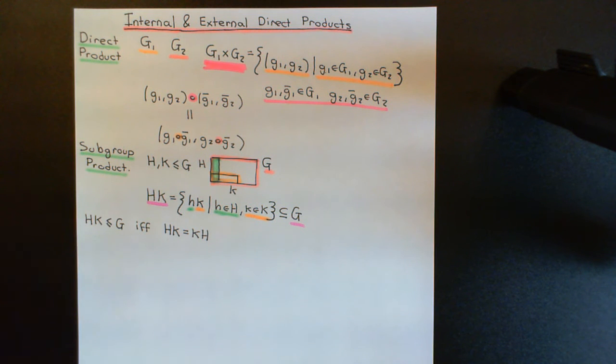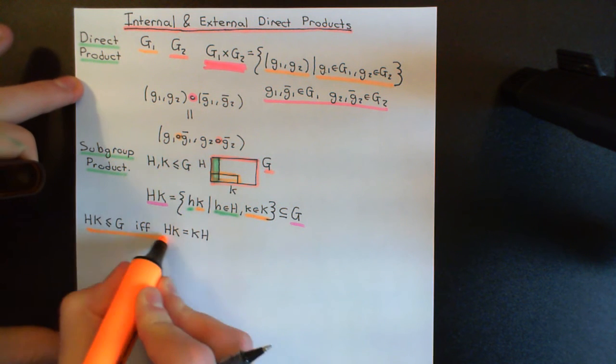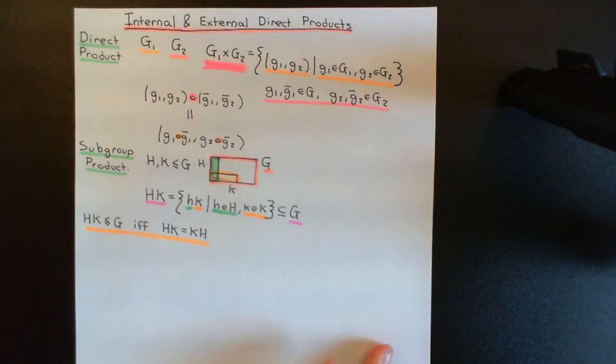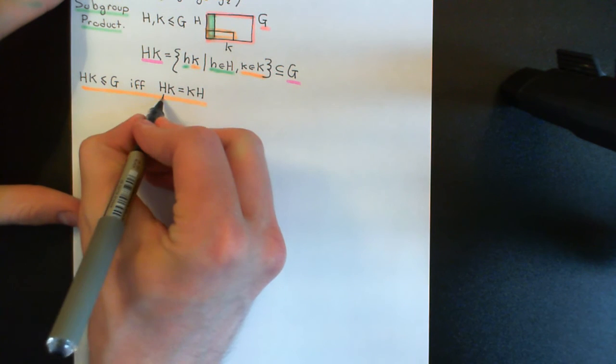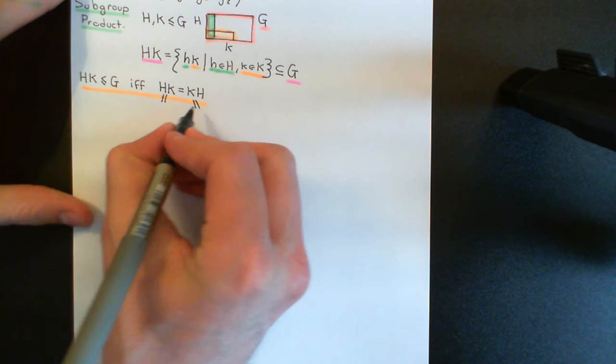Now let me explain or remind you of exactly what that actually means, and I'll just move this piece of paper up. These two products are not necessarily the same thing.